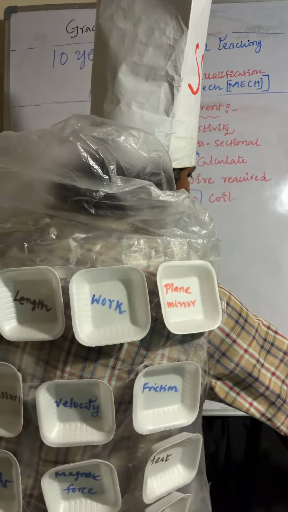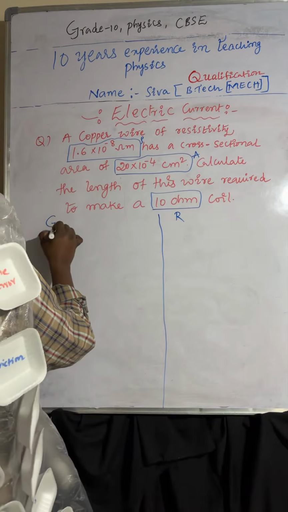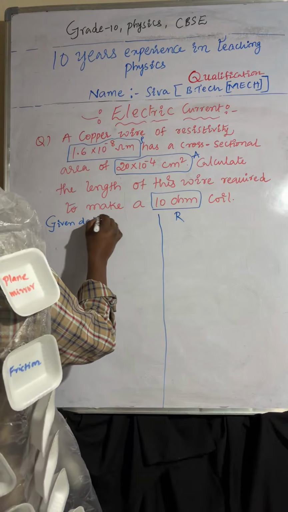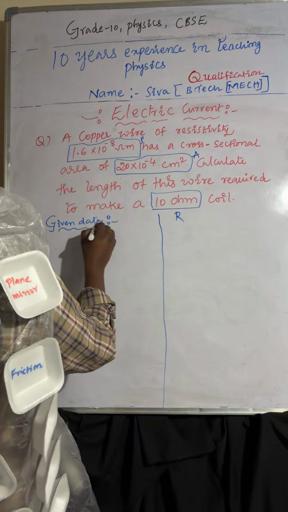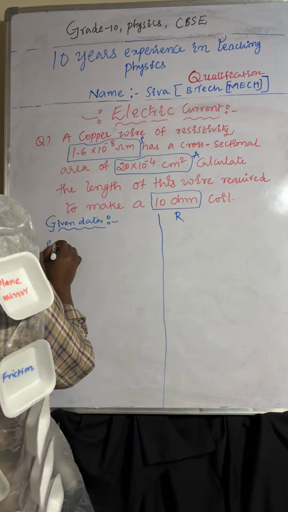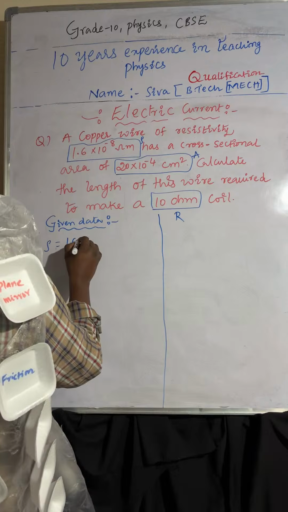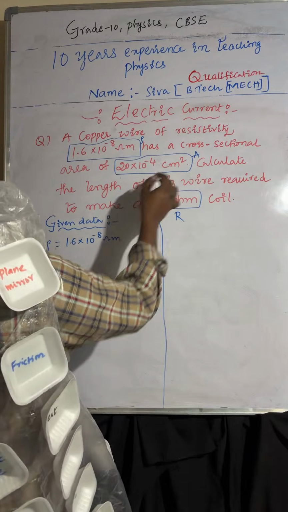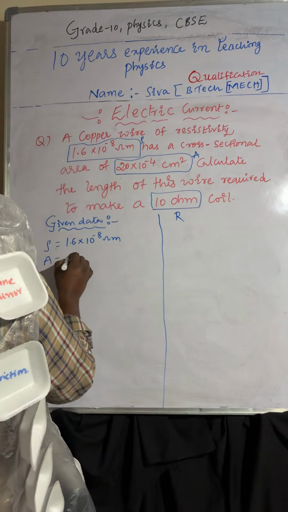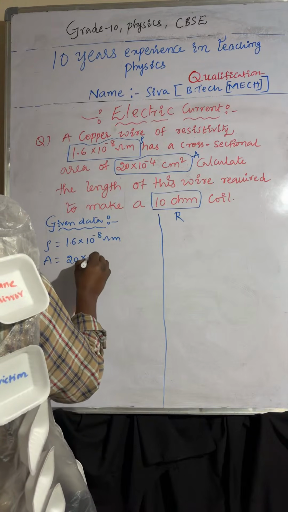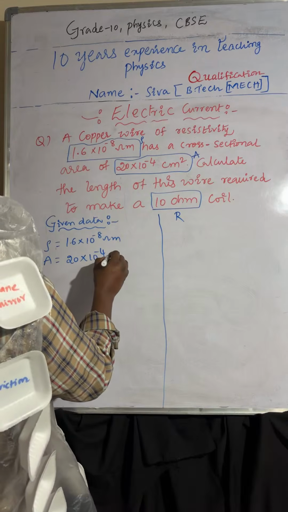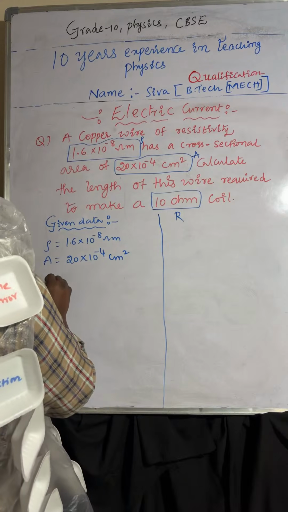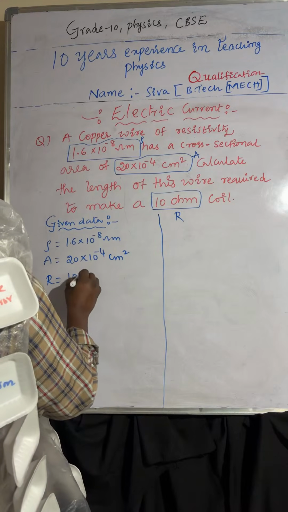Rho is given, 1.6 into 10 power minus 8 ohm meter, the area of the cross section is given, that is 20 into 10 power minus 4 centimeter square, and resistance is given, 10 ohm.